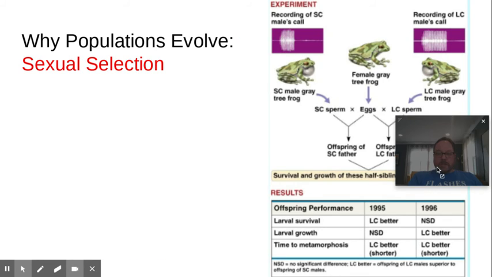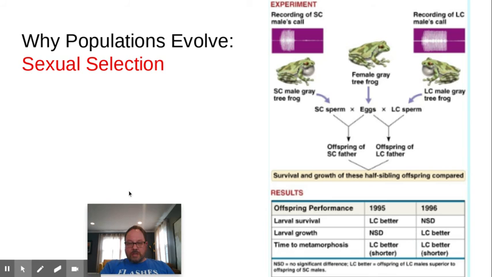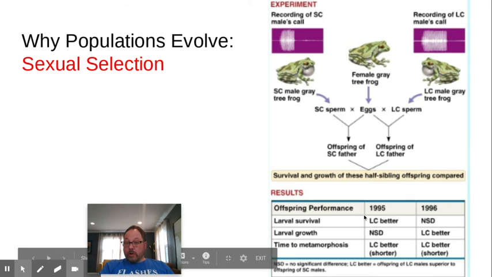Let's see. Here is just another interesting example of sexual selection. It's the mating call for these particular male frogs. And what they found is that males that have longer calls tend to have faster rates of reproduction and better growth in their larvae.